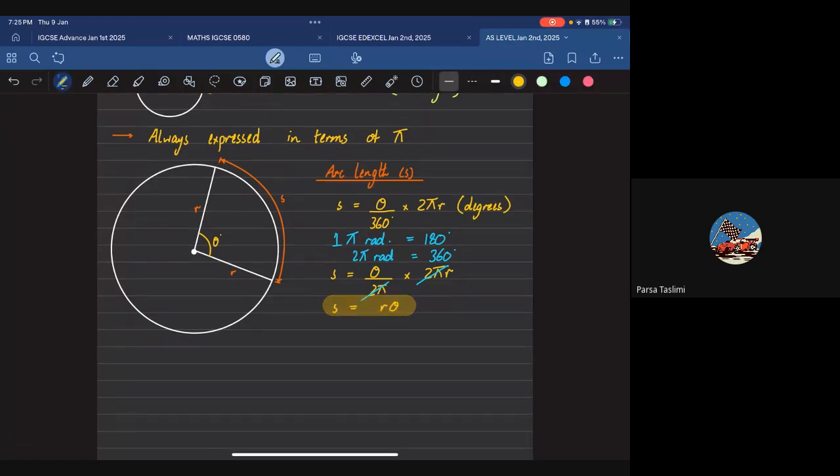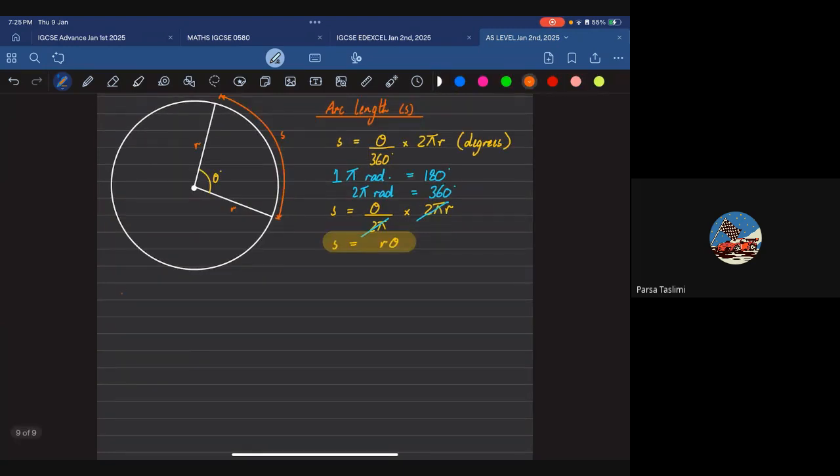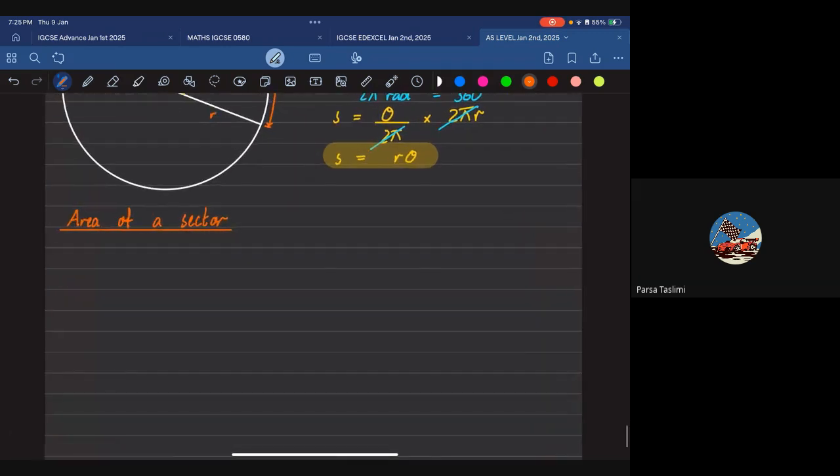Keeping this in mind, next up we have the area of a sector. If I want to find the area of a major or a minor sector, the formula was that area is equal to theta over 360 times pi r squared.